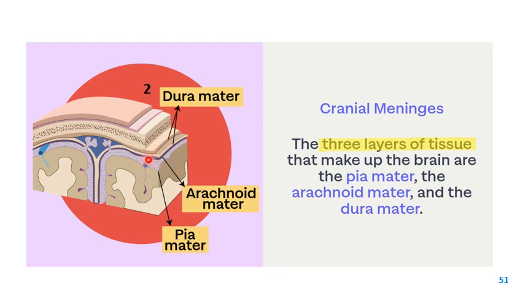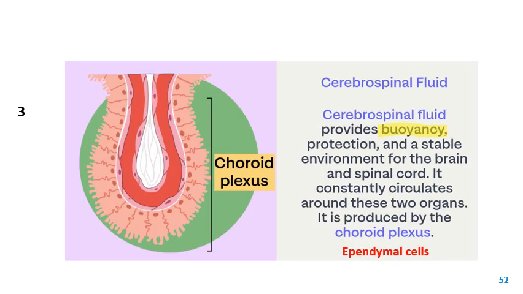And the one that is the thinnest and comes in contact with the brain tissue, that's your thin mother. So that's your pia mater. All right. So this is your second level of protection. The first one was just bones, right? First one the bone. Second level of protection is your meninges.